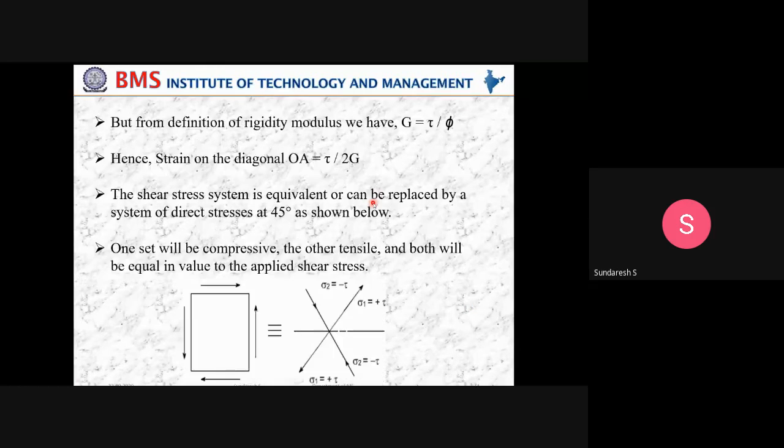Next, once you get that, the strain along OA, that is epsilon OA, is equal to 5 by 2. Now we know what rigidity modulus is. We know rigidity modulus G is equal to tau by 5. Am I right? That is what we defined yesterday. It is shear stress by shear strain. So now the strain along diagonal OA is equal to, we have phi is nothing but strain by 2G. Am I right?